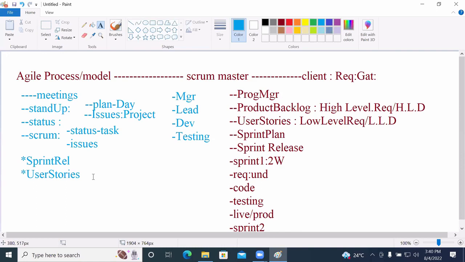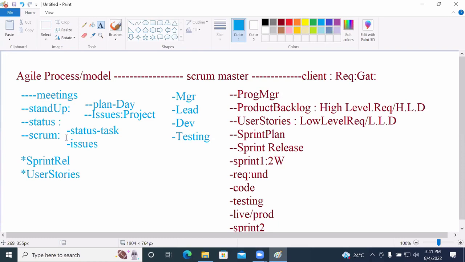So now, considering the stand-up meeting is conducted in the morning hours, the status meeting in the evening hours, and the Scrum meeting in the afternoon. The Scrum meetings are conducted based on the availability of the Scrum Master.